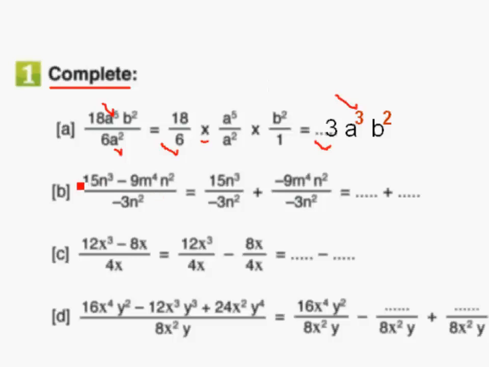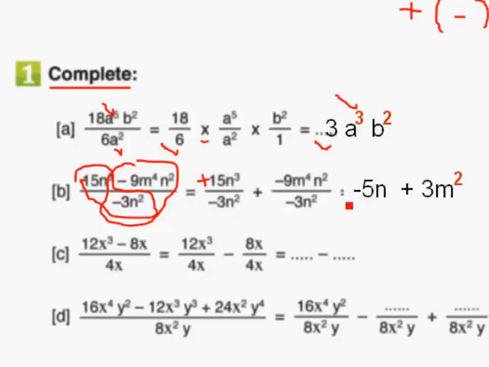This will be the same. Take this divided by this and this divided by this. Here we have plus and we have minus. Plus divided by minus is the same as multiplication. Plus times minus is minus. It gives minus 15 divided by 3 is 5.